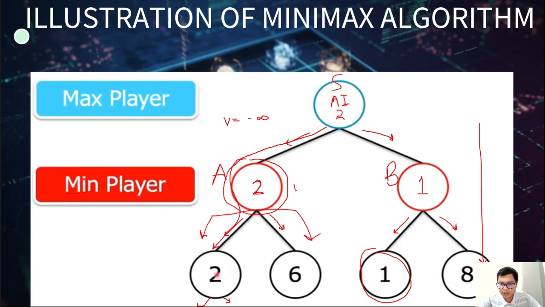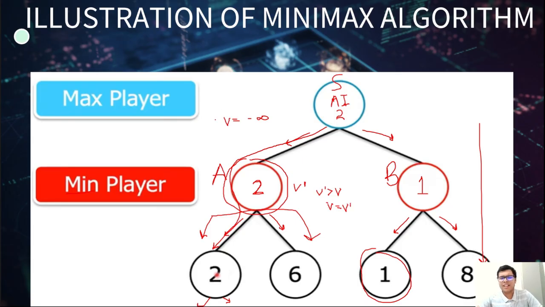The value which we got right now was labeled as v' in our pseudocode, and if v' is more than v, then v is set as v'. Fine.